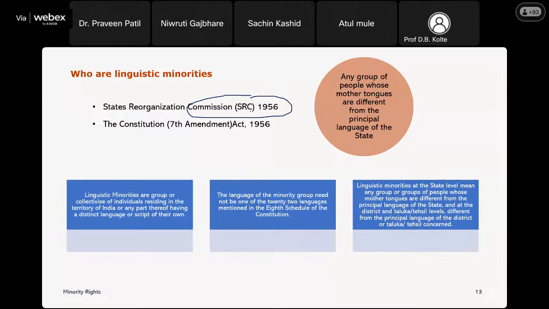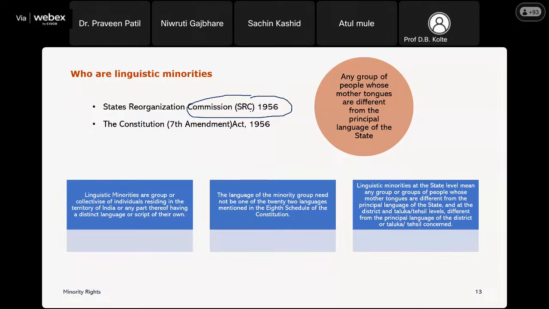But this cannot be a mathematical precision, that you draw a line and you say these people are of this part and these people are of this part. You can't do so. The best example is Belgaum. In Belgaum, there is a contention that 60% of the people speak Marathi language, and still they are in Karnataka.